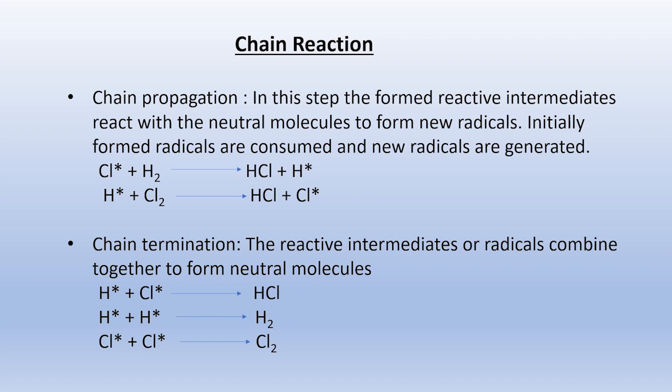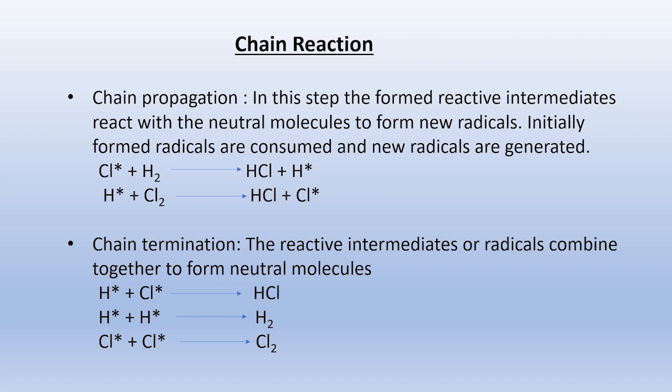In this example, the generated chlorine radical attacks the hydrogen molecule and forms HCl and a hydrogen radical. This hydrogen radical can capture another chlorine molecule to give an HCl molecule plus a Cl radical. So radicals combine with neutral molecules to give neutral molecules and new radicals are generated.